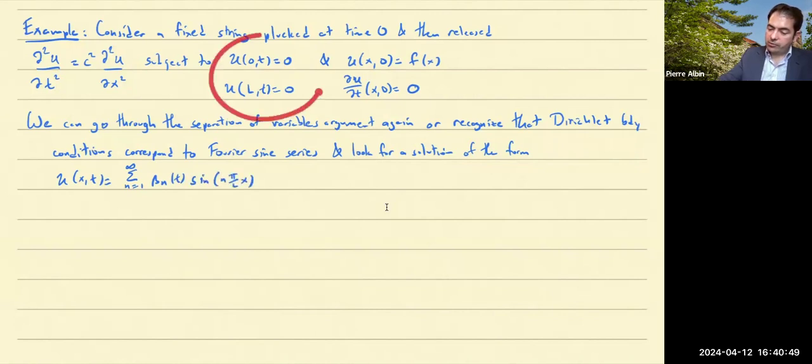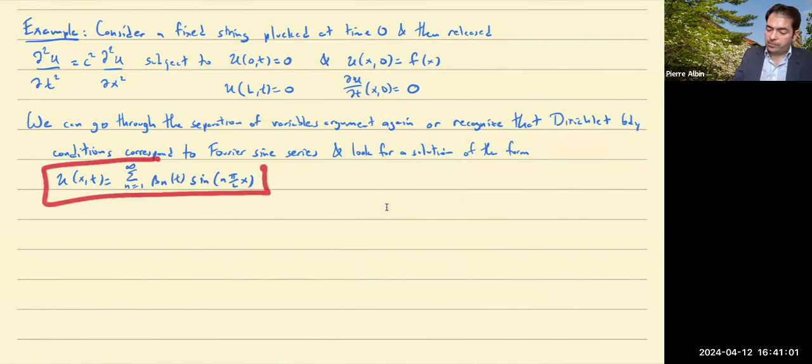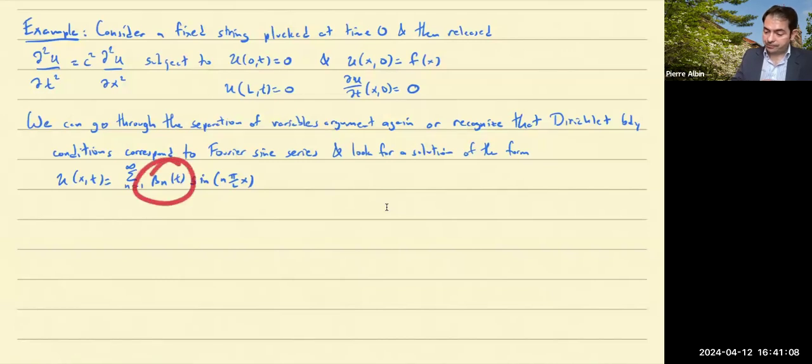So we look at the boundary conditions in x, and they're homogeneous Dirichlet, and so we know that that leads to the Fourier sine series. So let's assume that our solution has the form of a Fourier sine series, where the coefficients are constants with respect to x, but that means that they could be functions of t, and we want to figure out what those functions are.